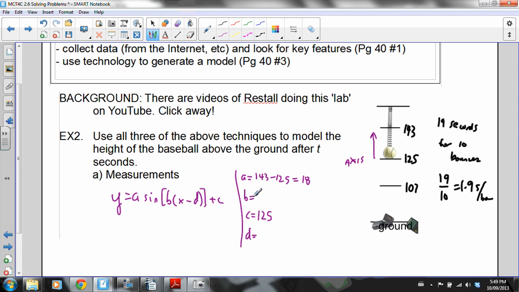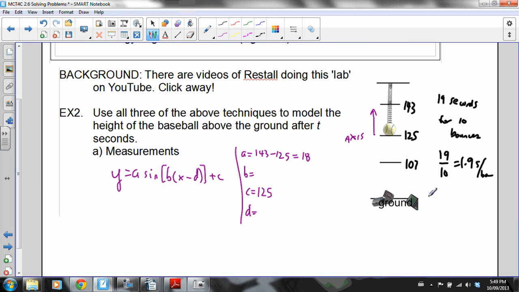The B value, I get that from the period, and we practiced that earlier in the lesson. The period was 1.9 seconds, but we know that's also equal to the expression 360 over B. Cross multiply and divide, and I get a B value of about 189.5.